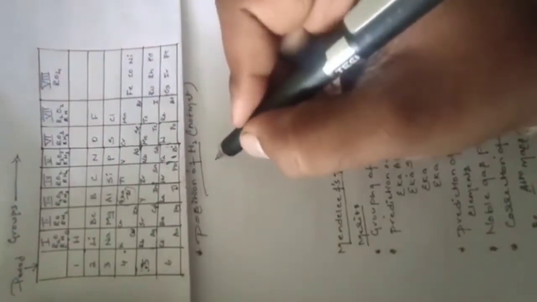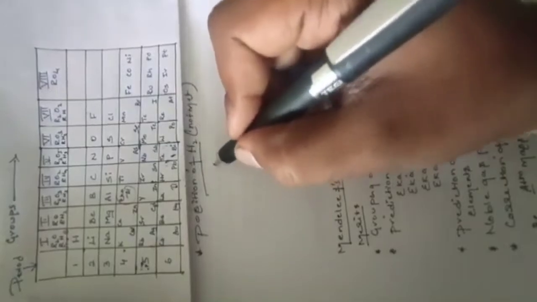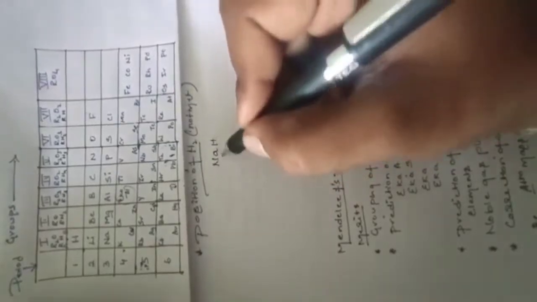If the position of hydrogen is not identified, note that sodium reacts with hydrogen and also sodium reacts with halogens. Similarly, hydrogen reacts with chlorine atoms.